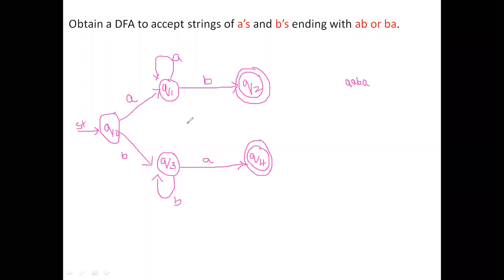See here, this is a DFA which is able to accept a string ending with either AB or BA. This is the path where we begin with A and end with BA. But now in this string example, you begin with A but end with BA, right? This is also legal for this particular DFA.